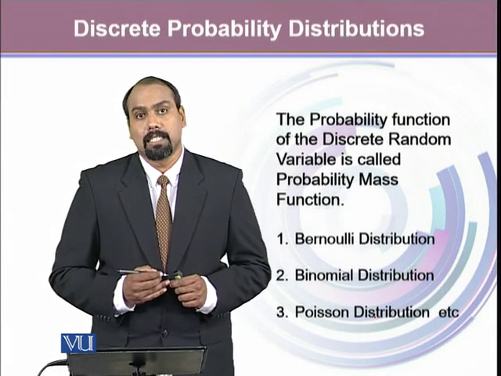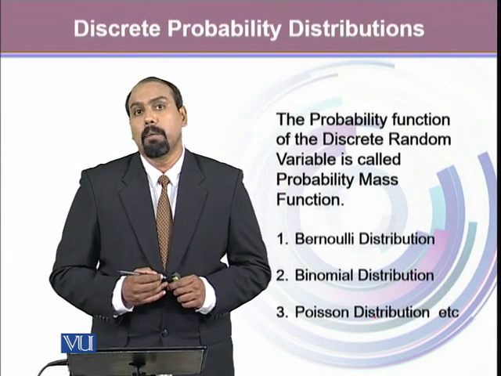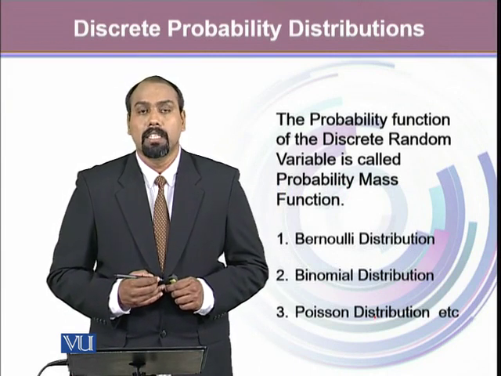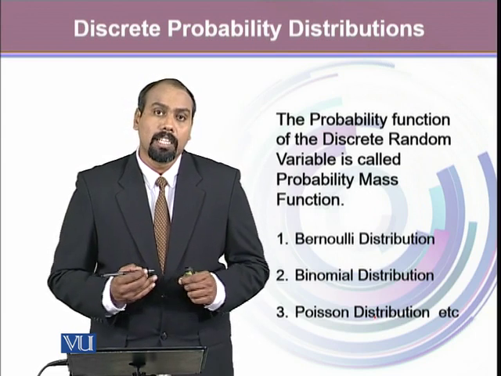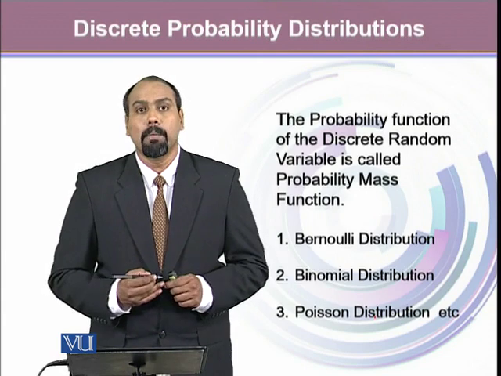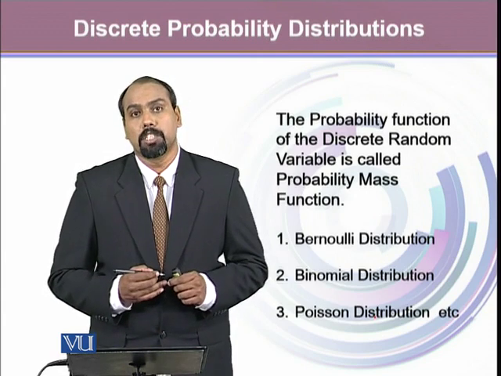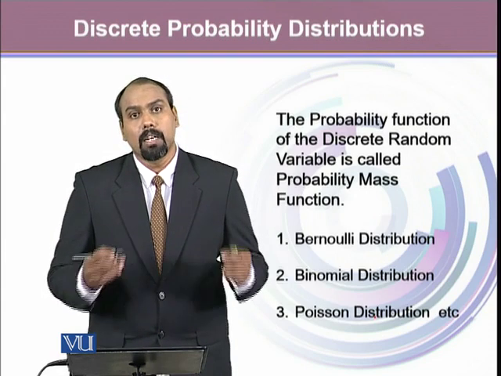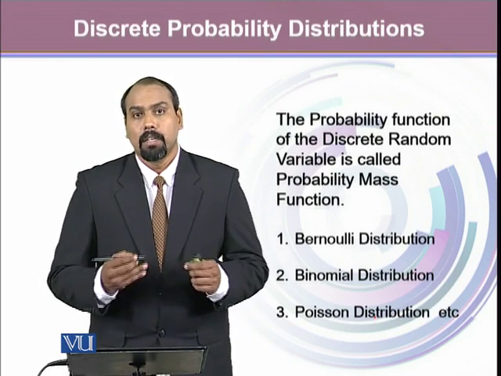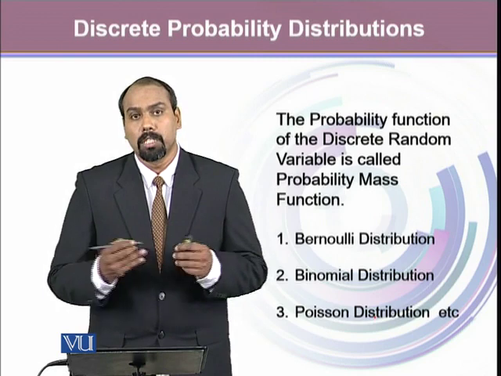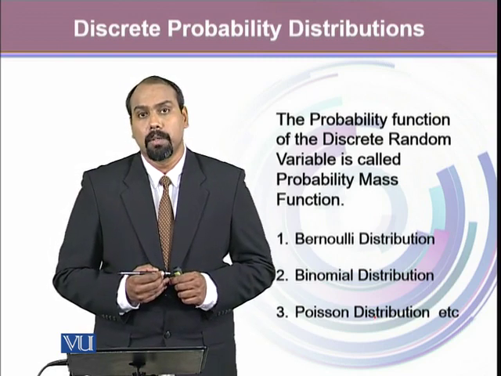We will be discussing various probability distributions in our course. A few of them are Bernoulli distribution, binomial distribution, and Poisson distribution. Though there are many other distributions available, in our course we will be talking about these three only. Thank you.